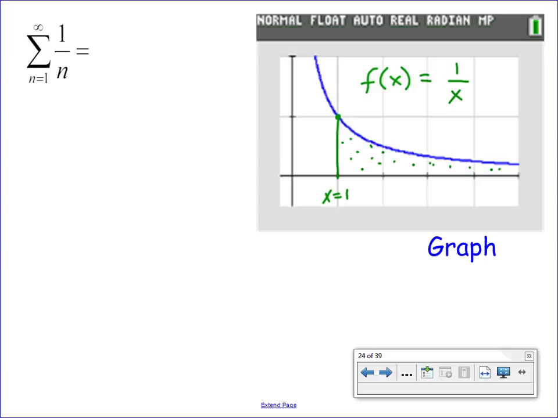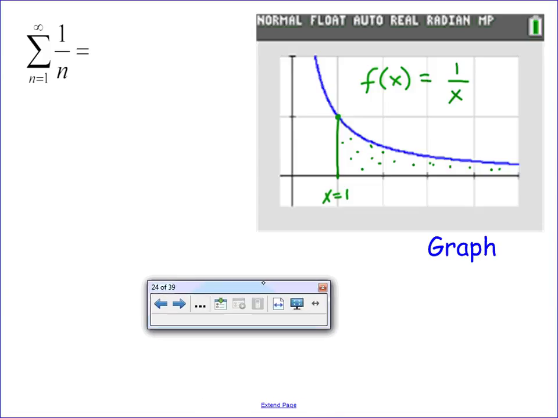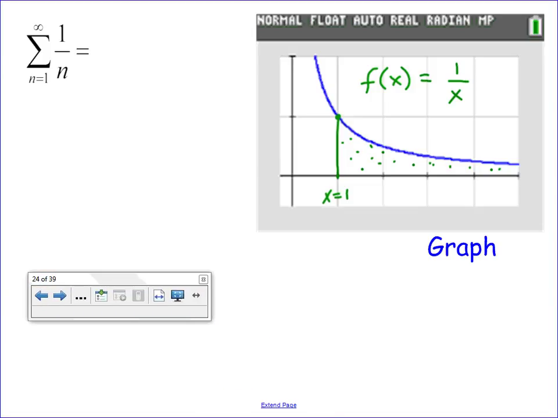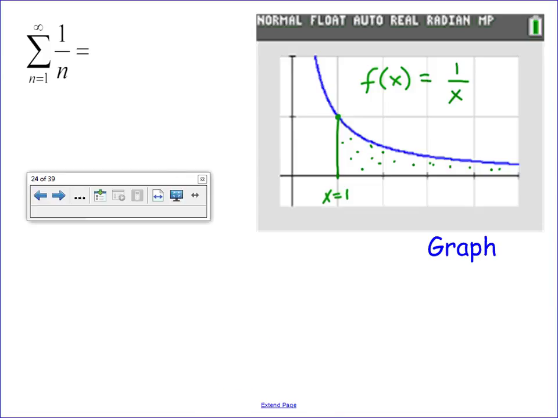we could use improper integrals to see if this area is bounded, is finite and exists, or if it's infinite and we can't calculate. So what will we do? Well, we'll do the same thing.